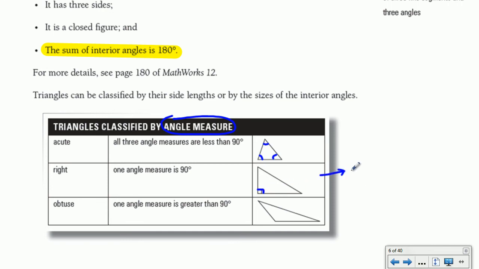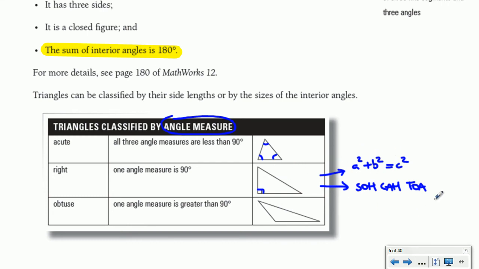And this, by the way, is where Pythagoras' theorem applies. This is also where sine, cosine, and tangent work. So SOH CAH TOA. These only work in right angle triangles, right?